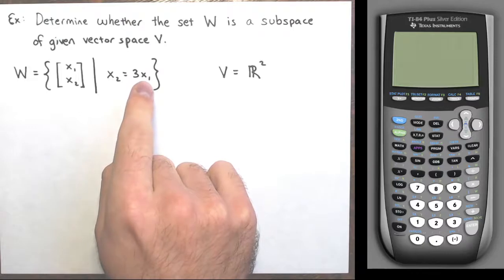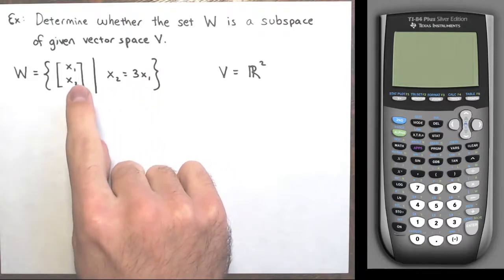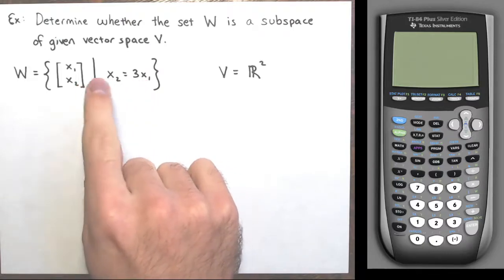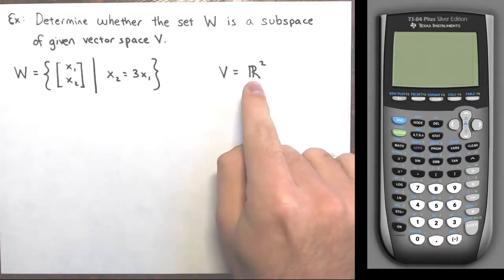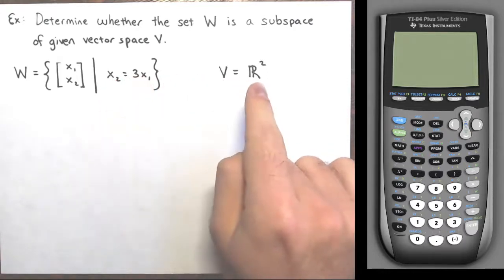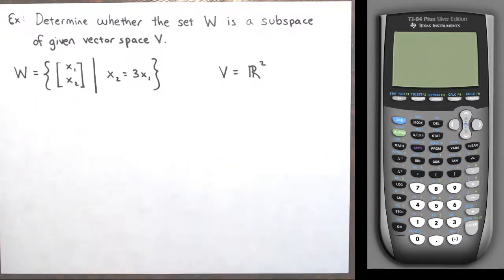So the second component is triple the first component. And of course, the vector space that this is a subset of is R2. All these vectors are vectors in R2.